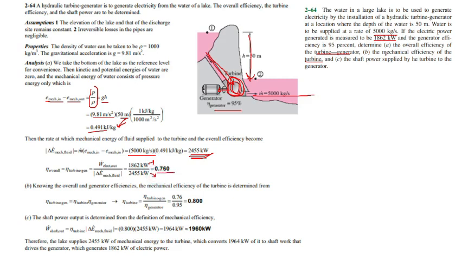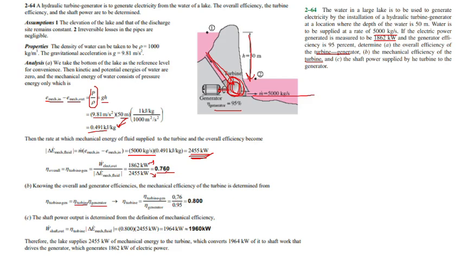So in part B, you have to find the mechanical efficiency of the turbine. Turbine generator efficiency will be equal to efficiency of turbine into efficiency of generator. The efficiency of the turbine will be equal to efficiency of turbine generator divided by efficiency of the generator.